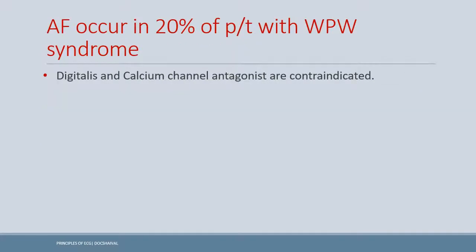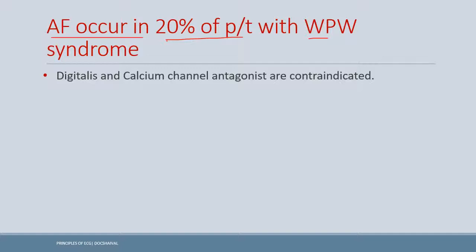Now we will see briefly about the risk factors, symptoms, treatment and diagnosis of atrial fibrillation. Before that, one important thing is that atrial fibrillation is common in case of WPW. It is seen in about 20% of the patients. Another important fact is that digitalis and calcium channel antagonists are contraindicated in these people, because these agents selectively block the conduction through the AV node.